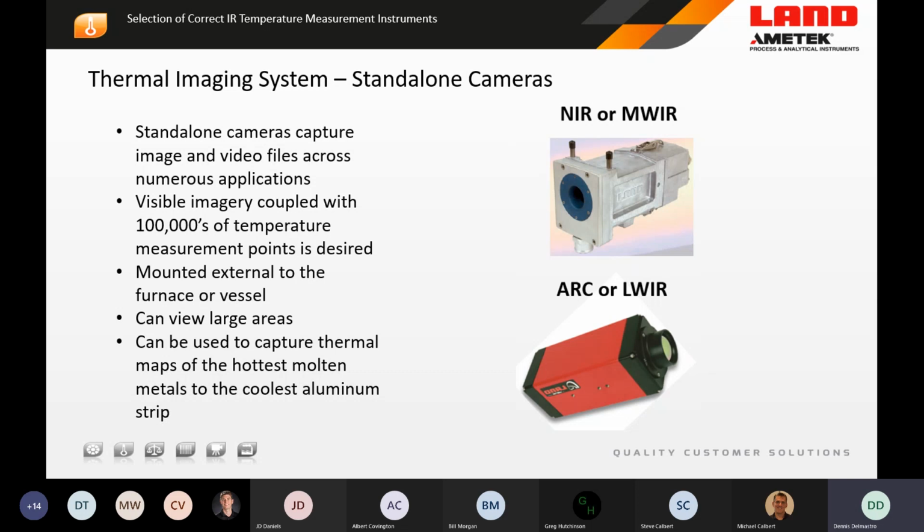They can view large areas, let's say like flares or coal piles, biomass storage piles. We have some pretty unique applications out there where you have to look at large areas. You're looking for fires in some of these cases. They can be used to capture thermal maps of the hottest molten metals to the coolest aluminum strip.